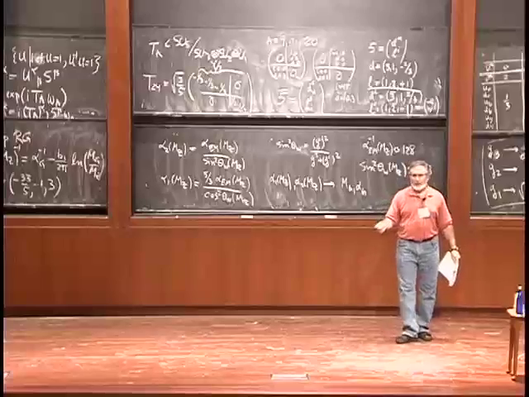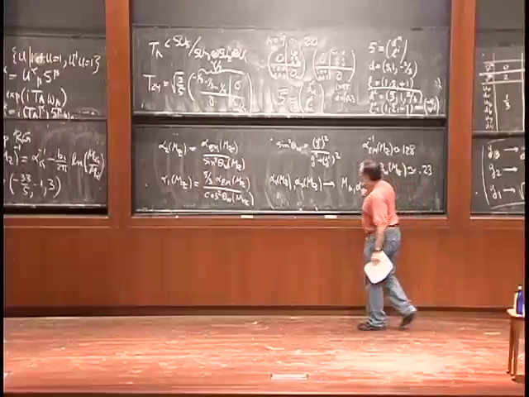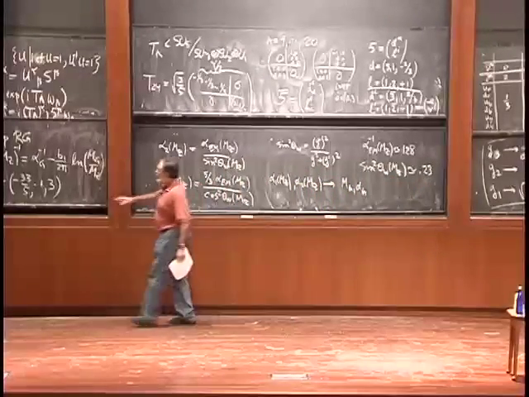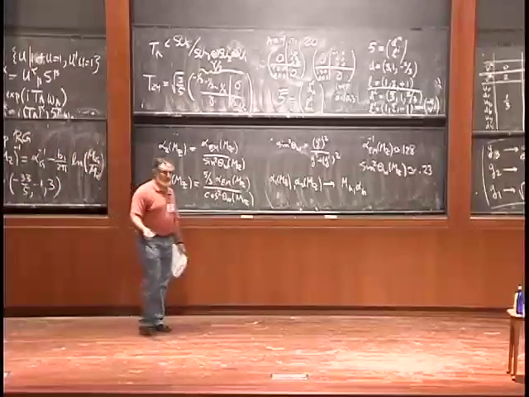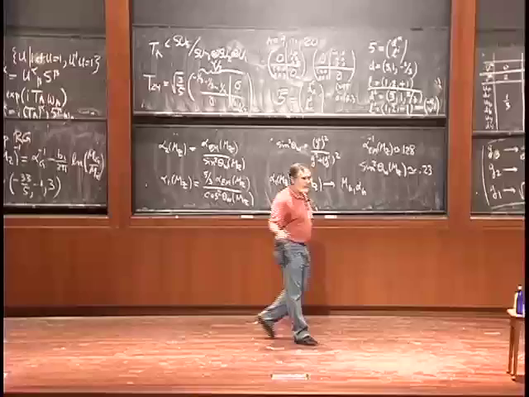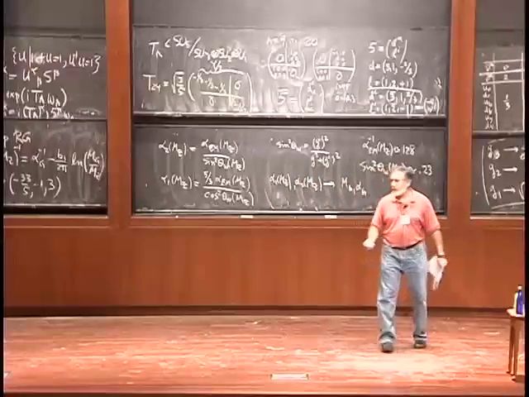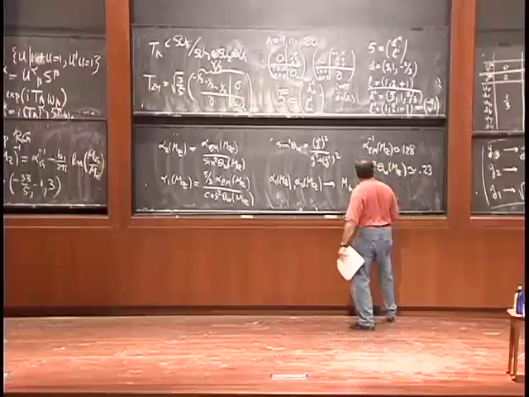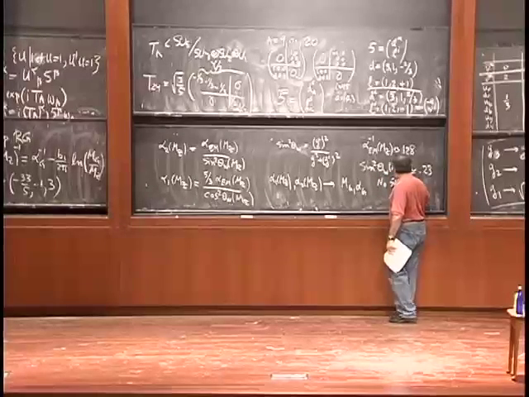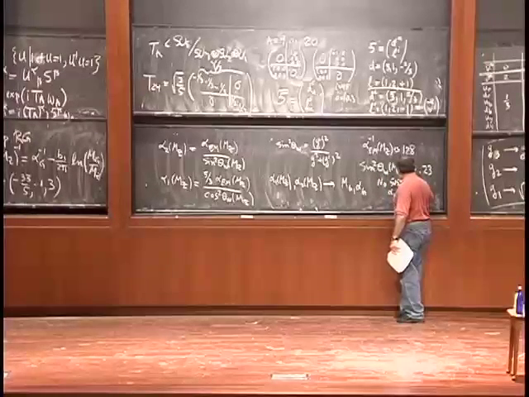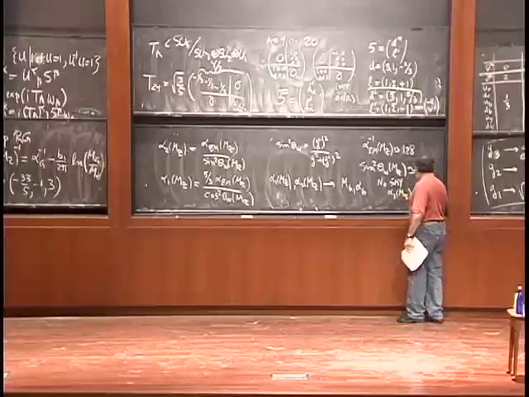It's in the notes. Once you have alpha_GUT and M_GUT, you use the equation here for alpha 3 to figure out what alpha 3 at M_Z is. It's a prediction. If you don't use supersymmetry, you get alpha 3 at M_Z around 0.07.